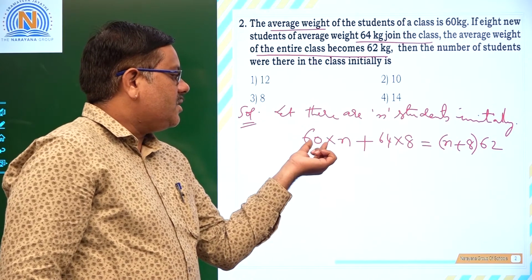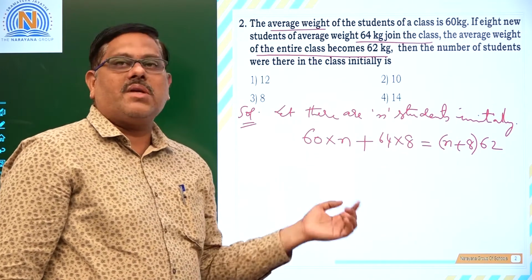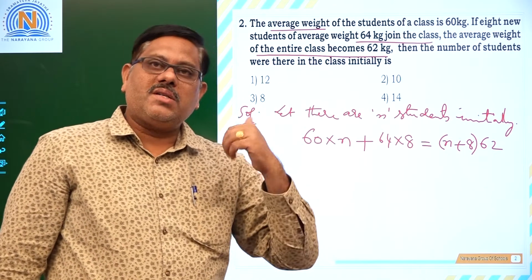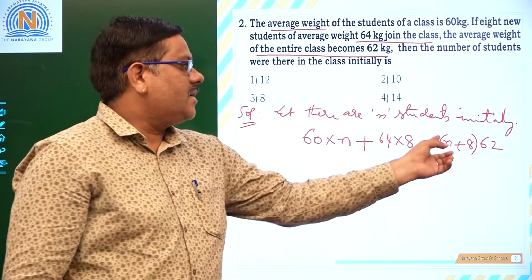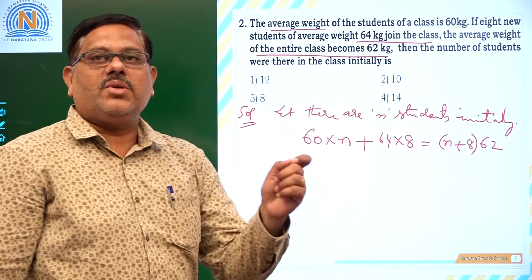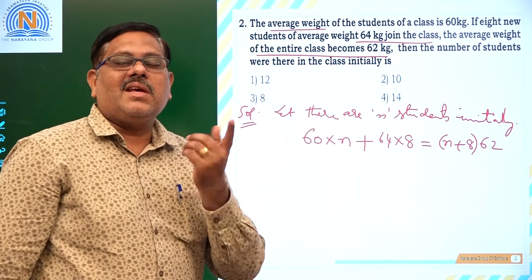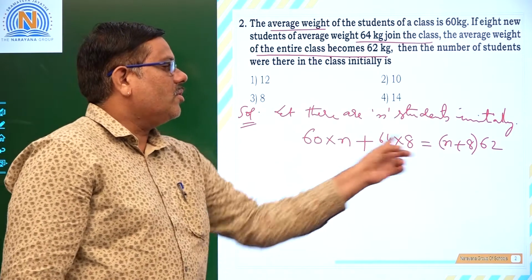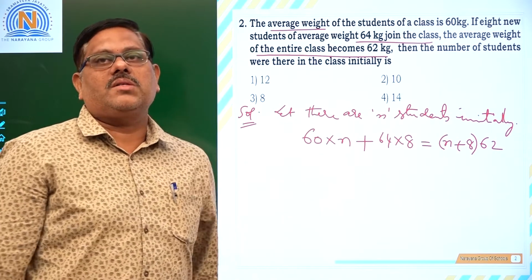So, if I add up 60 times of n with 64 times of 8, that is going to be total weight of n students as well as 8 students. That is n plus 8 times of 62. Because 62 is the average of entire class. If 8 students more are joined to n students. So these both will be same. Using this we can solve this question.